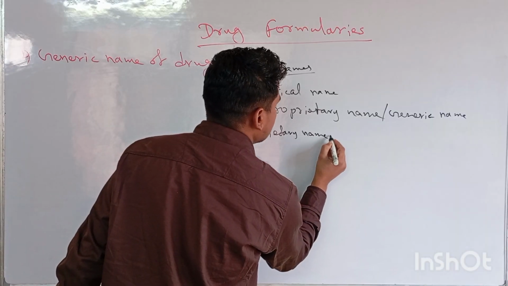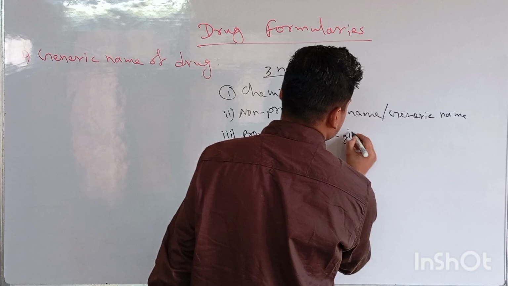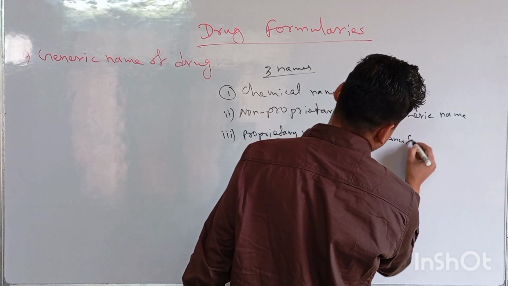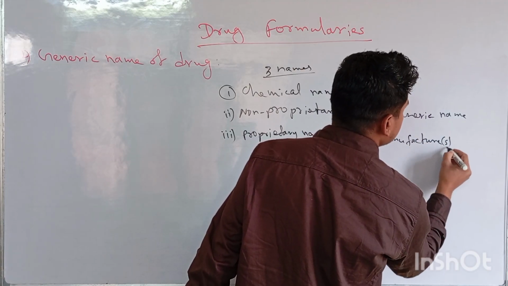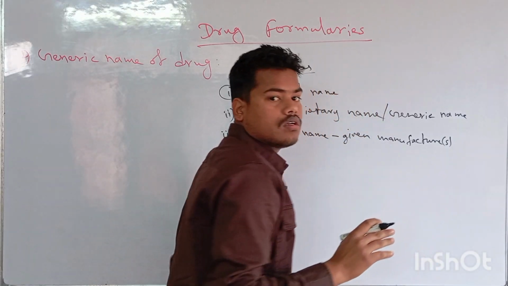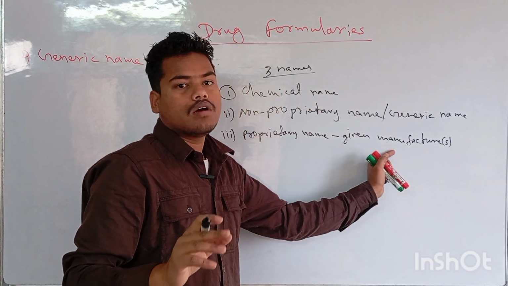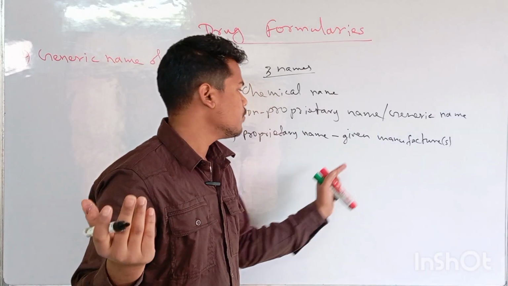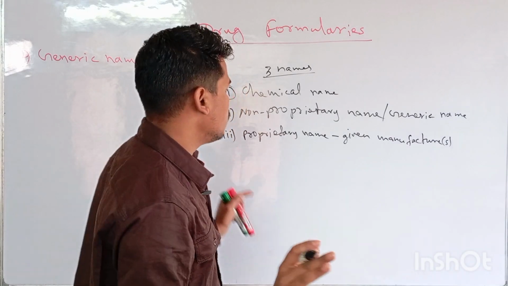Proprietary names are the names given by the manufacturer or manufacturers. For a single drug, this name differs according to the different manufacturers.